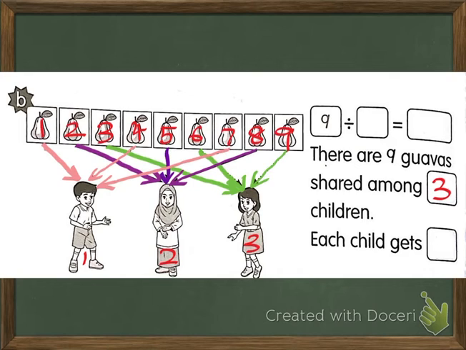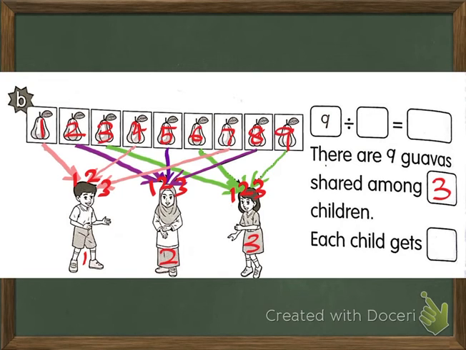So there are 9 guavas shared among 3 children. So each child gets how many? Let's count this arrow. 1, 2, 3. Okay, let's count the purple one. 1, 2, 3. Okay, the green arrows, 1, 2, 3.